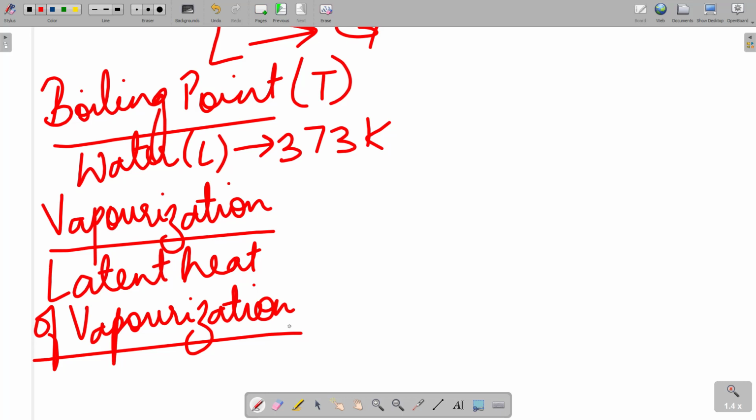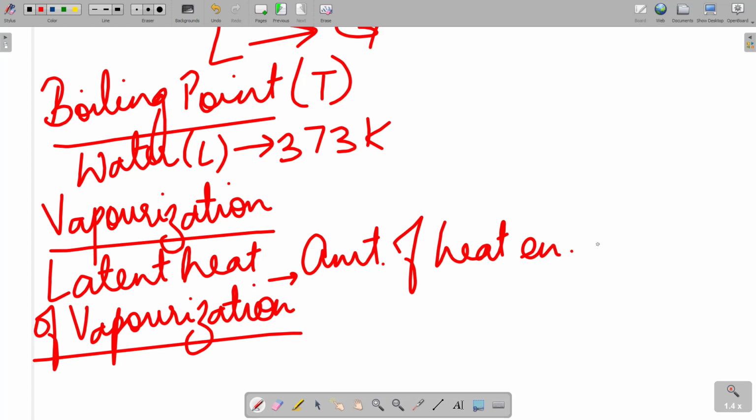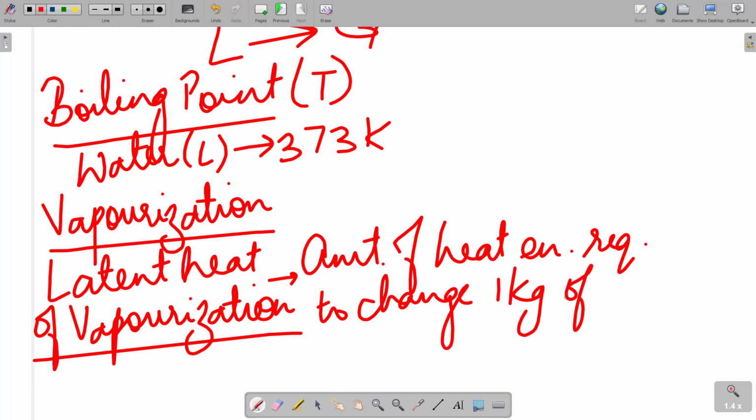Now what is latent heat of vaporization? Amount of heat energy required to change 1 kg of liquid into gas at atmospheric pressure, right?